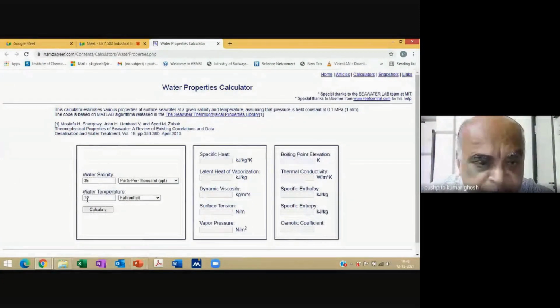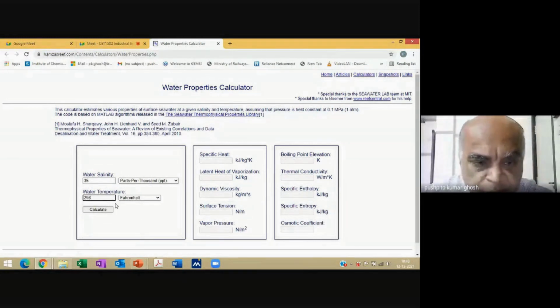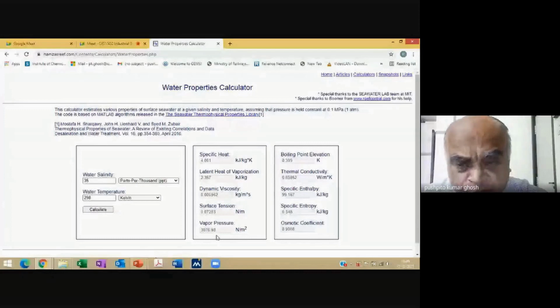And let's say I take the temperature of 298, which is 25 degrees centigrade, and I take Kelvin, and I now calculate. You can see what is the vapor pressure of salty waters like seawater, 3076.98. I've actually verified these numbers, and they're quite precise.